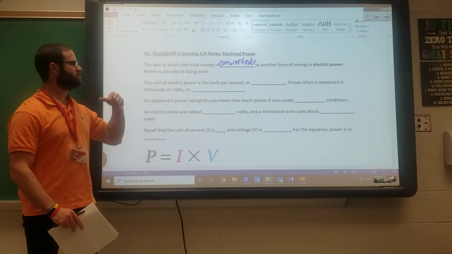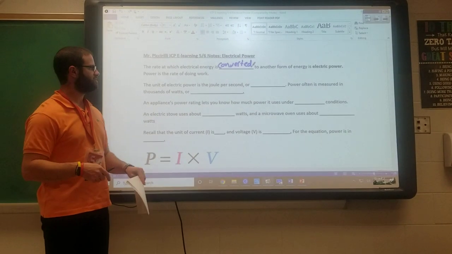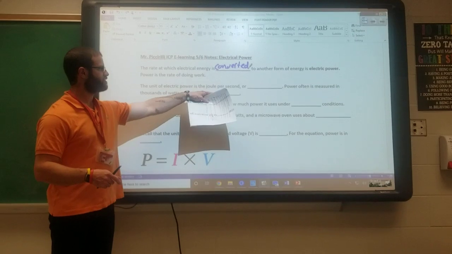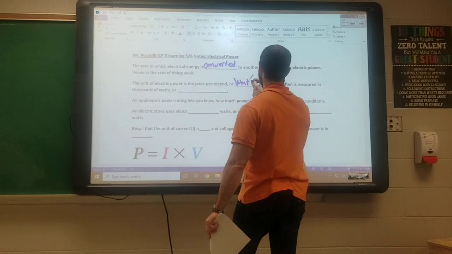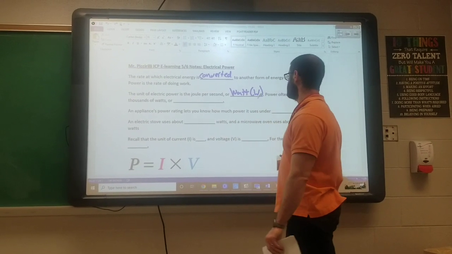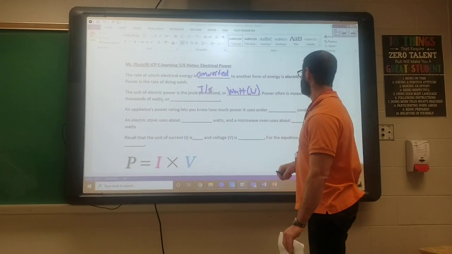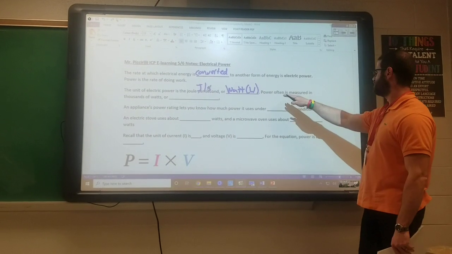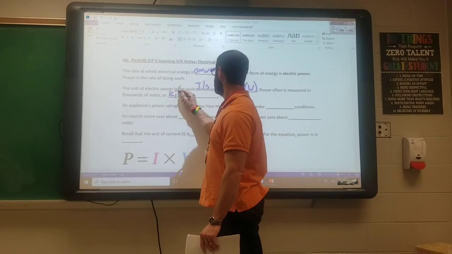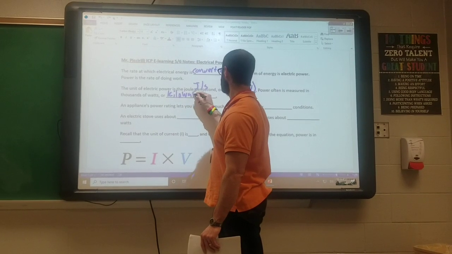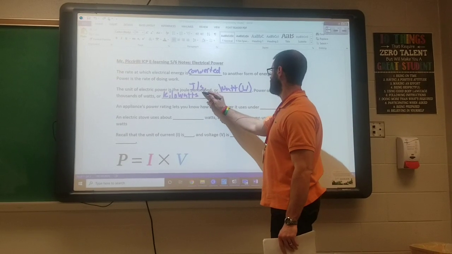The standard unit of electrical power that we'll use for these calculations is joules per second, or, remember, the watt. It's the same units as when we talked about power earlier in the semester. A lot of times we'll also see power measured in thousands of watts, or kilowatts, abbreviated kW.